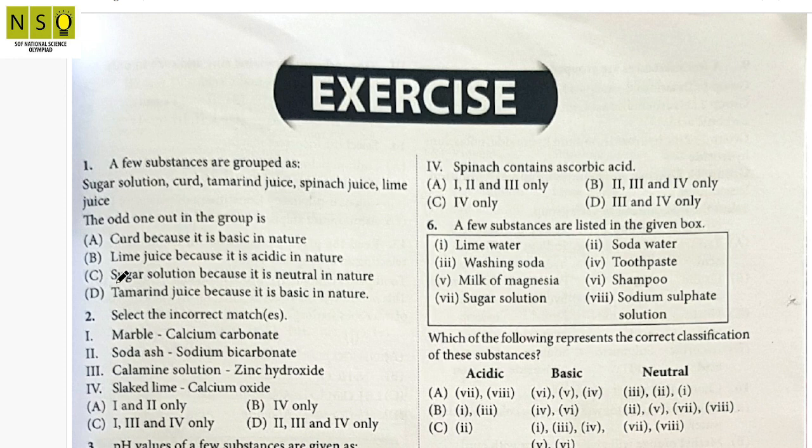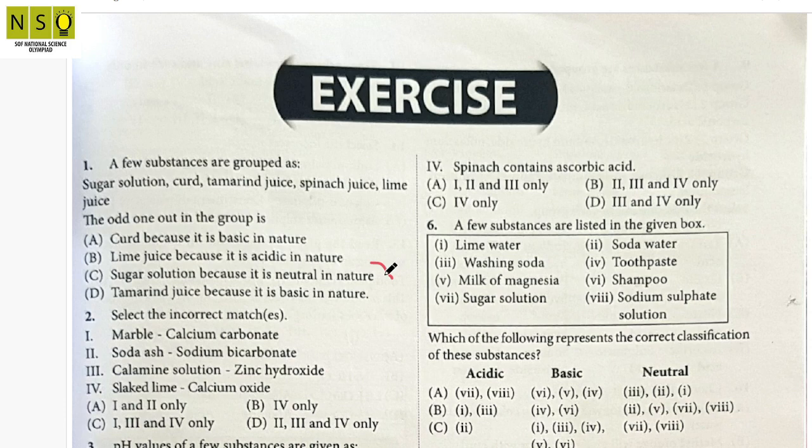What are the options? Curd because it is basic in nature, lime juice because it is acidic in nature, sugar solution because it is neutral in nature, and tamarind juice because it is basic in nature.